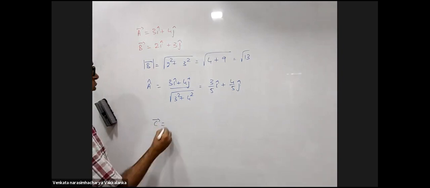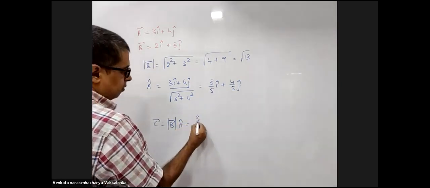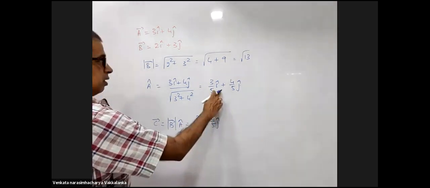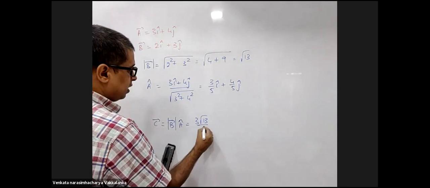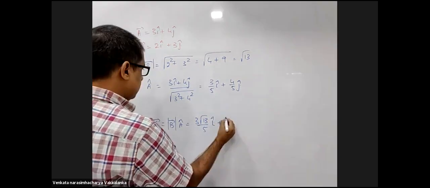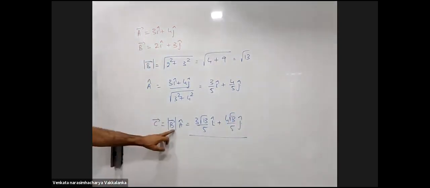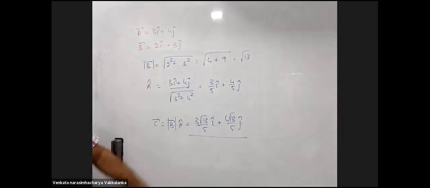Now the vector C which you want is the magnitude of B in the direction of A: 3 by 5i cap plus 4 by 5j cap, times root 13. 3 root 13 by 5i cap plus 4 root 13 by 5j cap. Magnitude of B, direction of A.